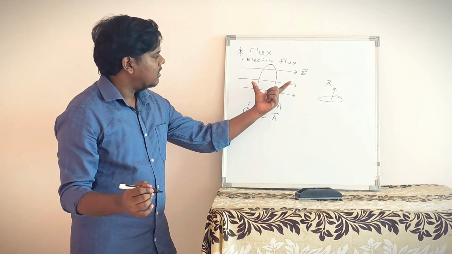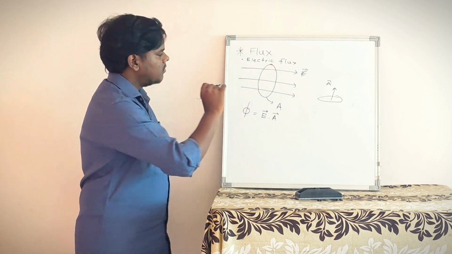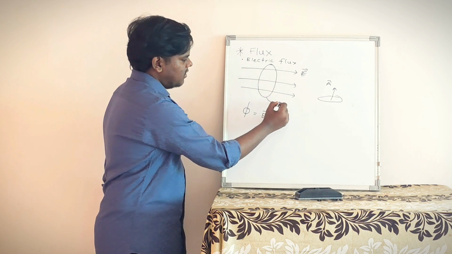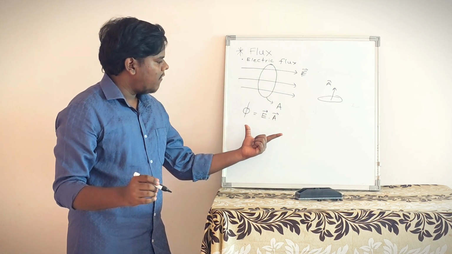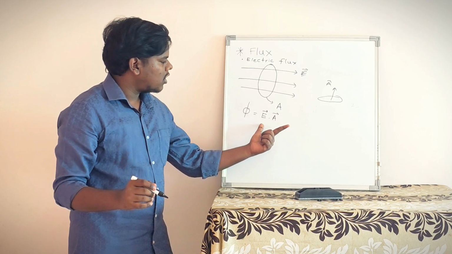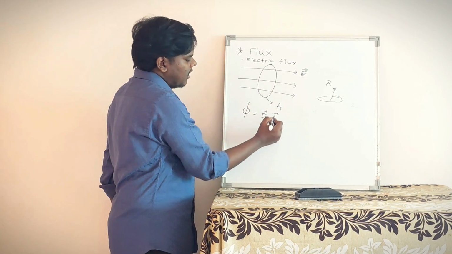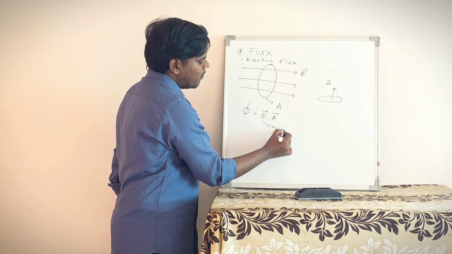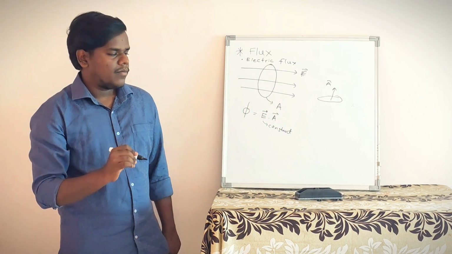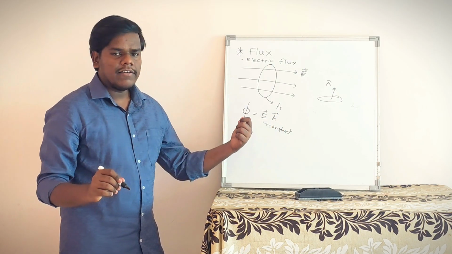Here we have considered the electric field is constant, and the surface has area A. So electric flux, how do we define it? We define it as the dot product of electric field vector and area vector, when this E is constant. So area vector into electric field vector.